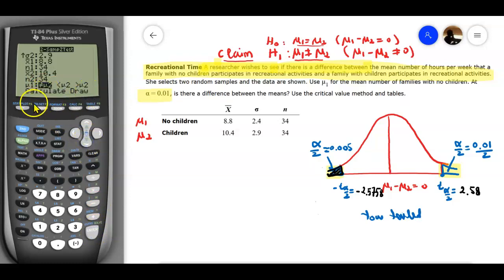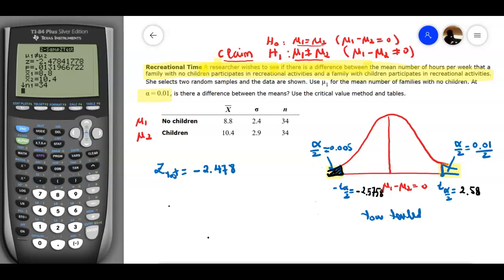I'm not going to draw it, I'm just going to calculate this. So the calculation is done. Really simple. The value that you're looking for, which is the z value, is given by the calculator, and the z test, as you can read it here, is minus 2.478.